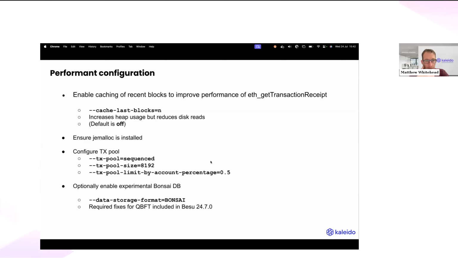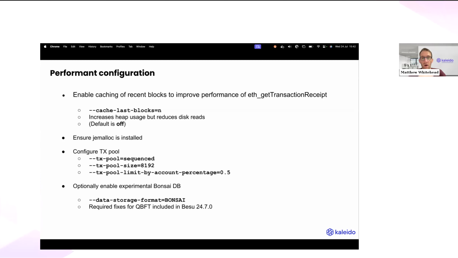It's also worth saying that support for the Bonsai database format, which is known to be more performant for certainly querying state, has only recently been hardened a bit more for QBFT environments. So enabling data storage format Bonsai for a QBFT chain is certainly something we have tried.